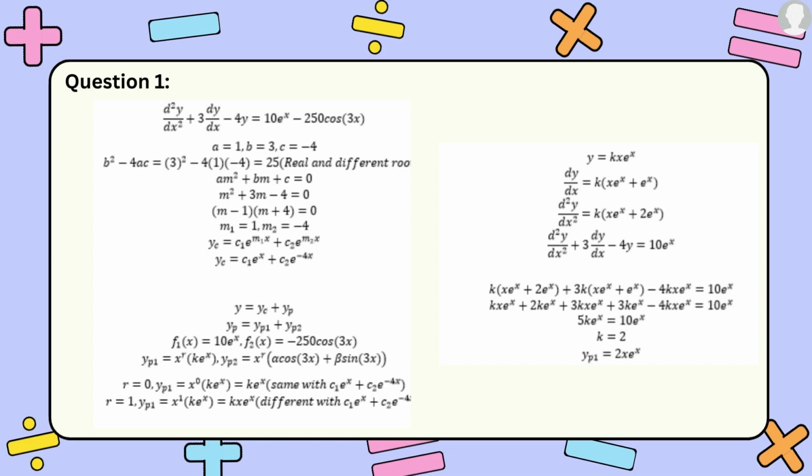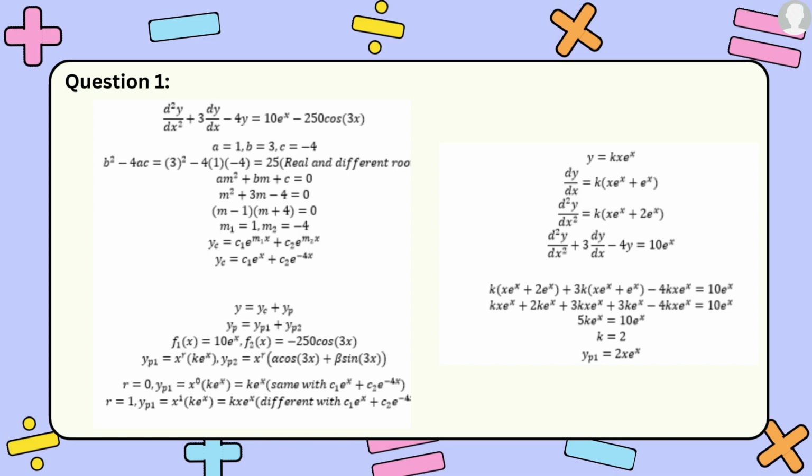Then we substitute r equals 1 and check again. So x^1 (k e^x), then we will get k x e^x. Then it shows it is different from c1 e^x + c2 e^(-4x). Then we will use y equals k x e^x.